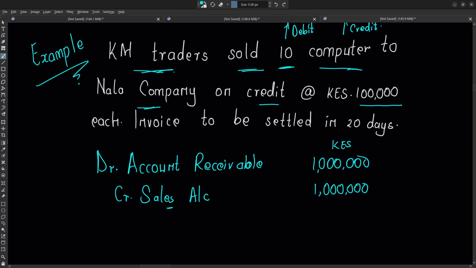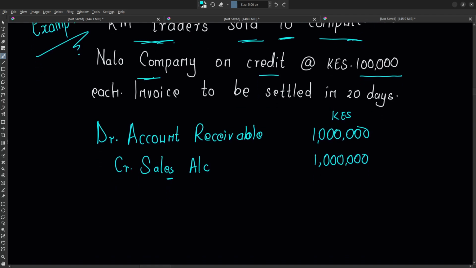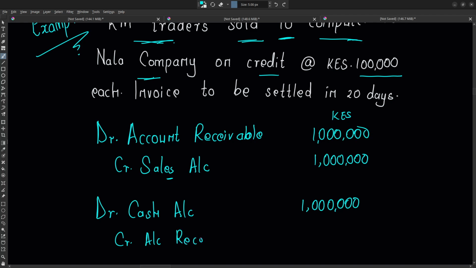Okay, so in this case, once you record this and you get paid, what will KM Traders do? They are going to debit the cash account an amount of 1 million. Why? Because now they have received 1 million from Nala company. And then they are going to credit the account receivable, because now they have been paid, so they are not expecting any receivable from Nala anymore.